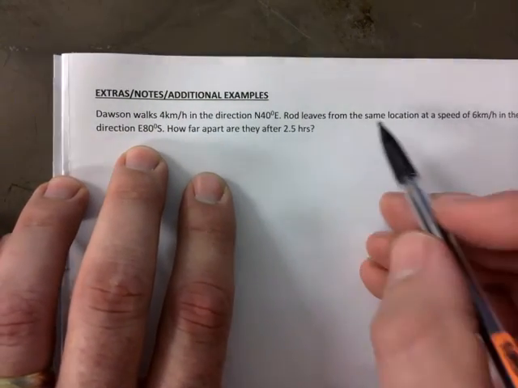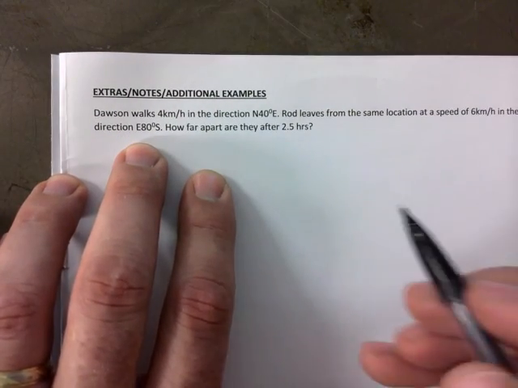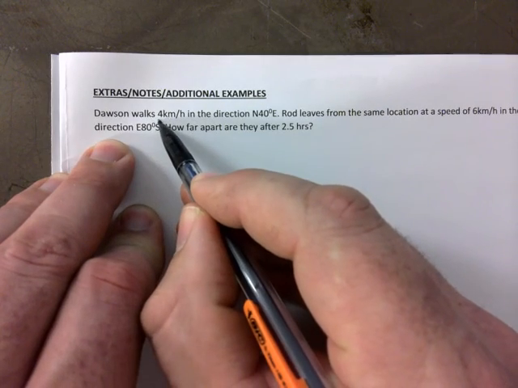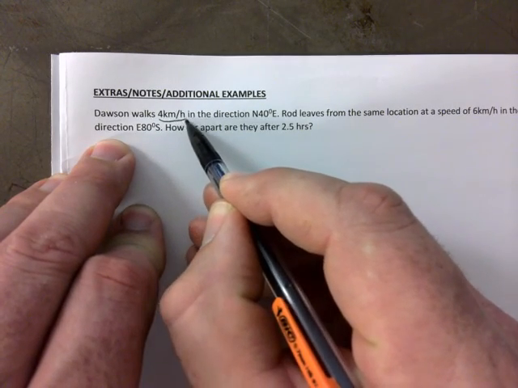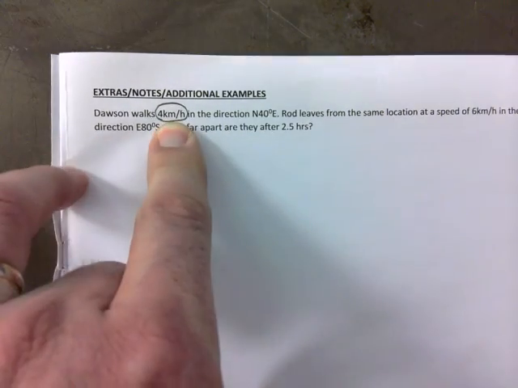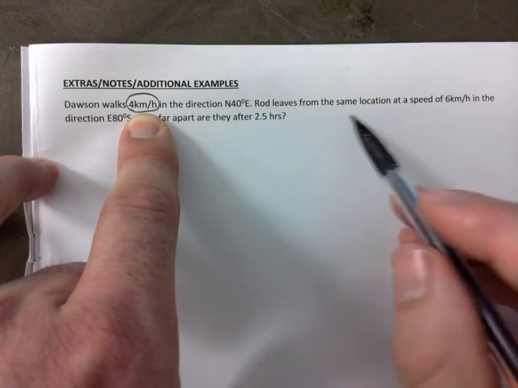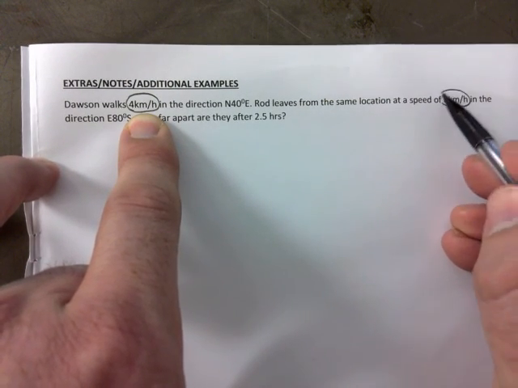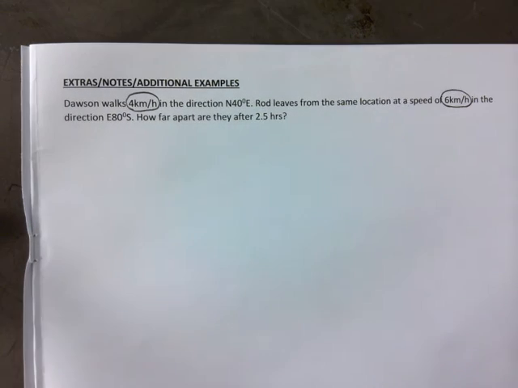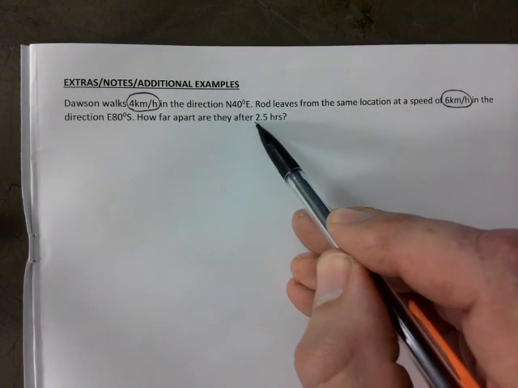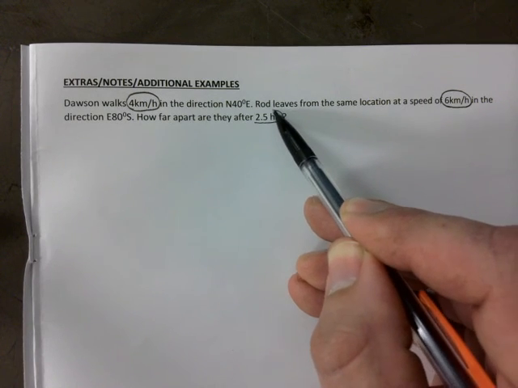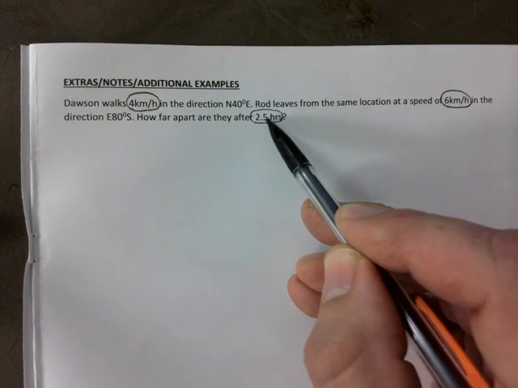But look at page 26 real quick. If Dawson walks 4 kilometers per hour and Rod walks 6 kilometers per hour, they're giving you a speed, but it's going to ask you how far apart they are after 2.5 hours.